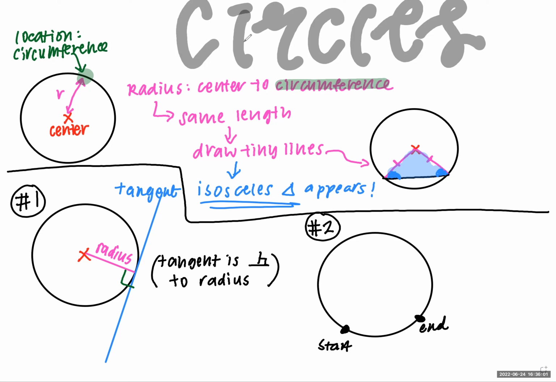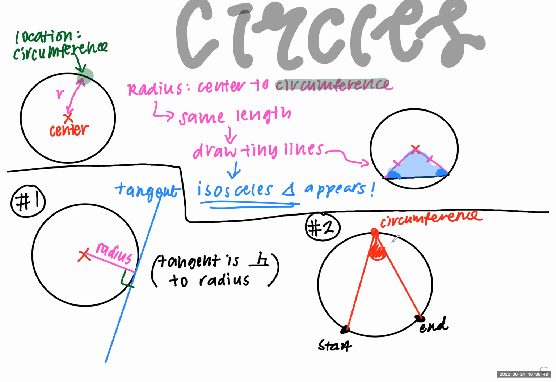So when we start, can you see where I'm touching? I'm touching the circumference. I repeat again. I go from the start, I touch the circumference, and then I go back to the end. So this is one of the angles.